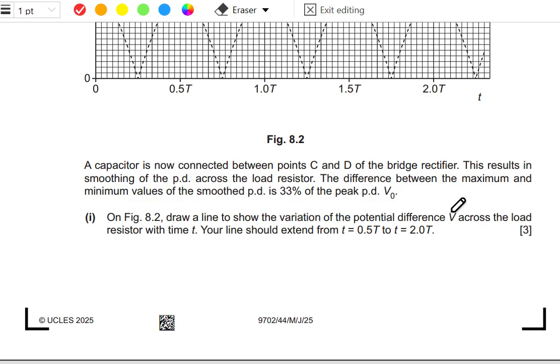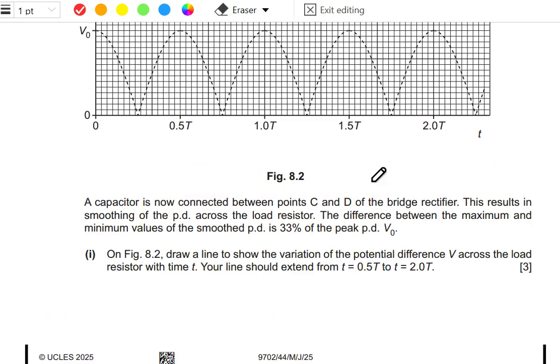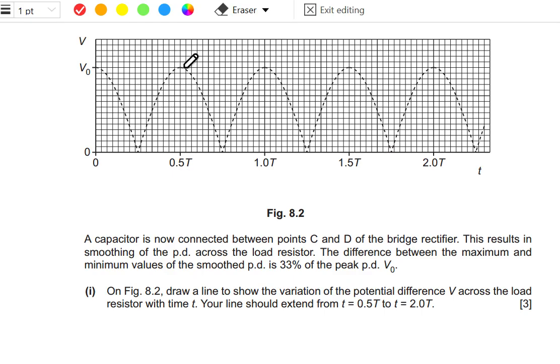So the capacitor causes the difference between min and max value to be 33% of V naught. Okay, so from maximum to minimum, we should have a third of this distance.